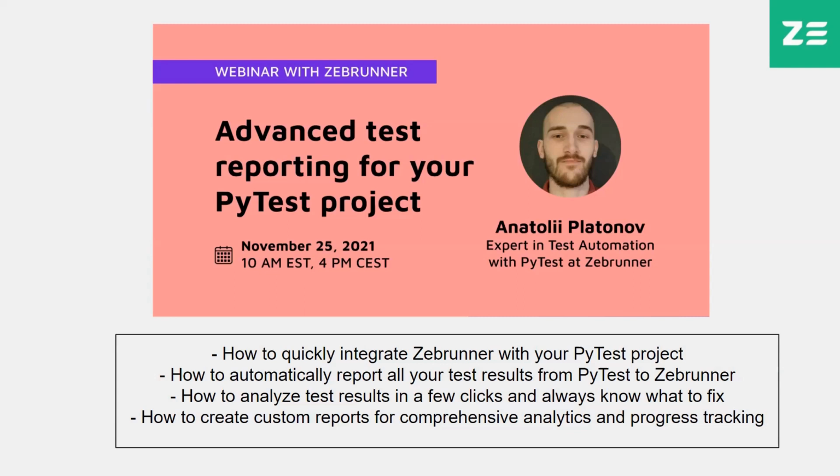All of this will be shown by our expert in test automation with PyTest, Anatoly Platonov, on November 25. So please feel free to join. The event is located on our LinkedIn page. Please feel free to subscribe to our social media. We are always open to communication with you.